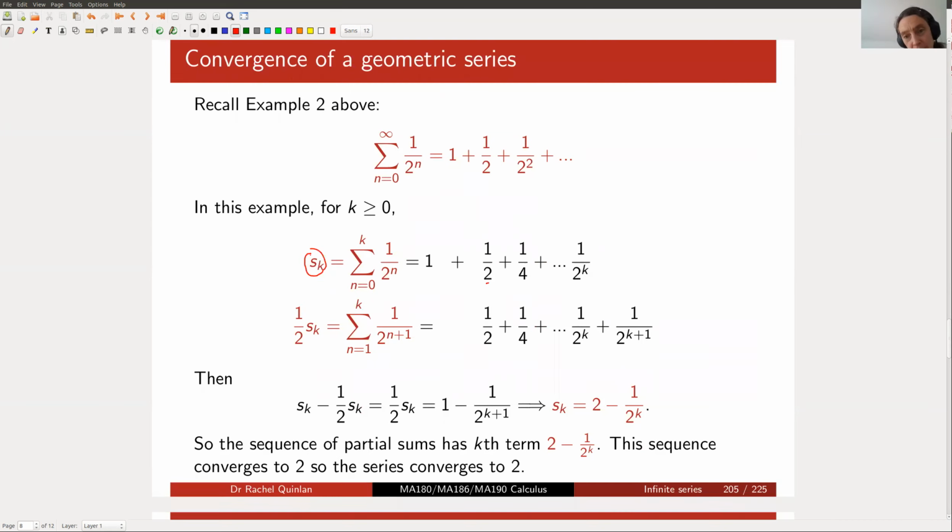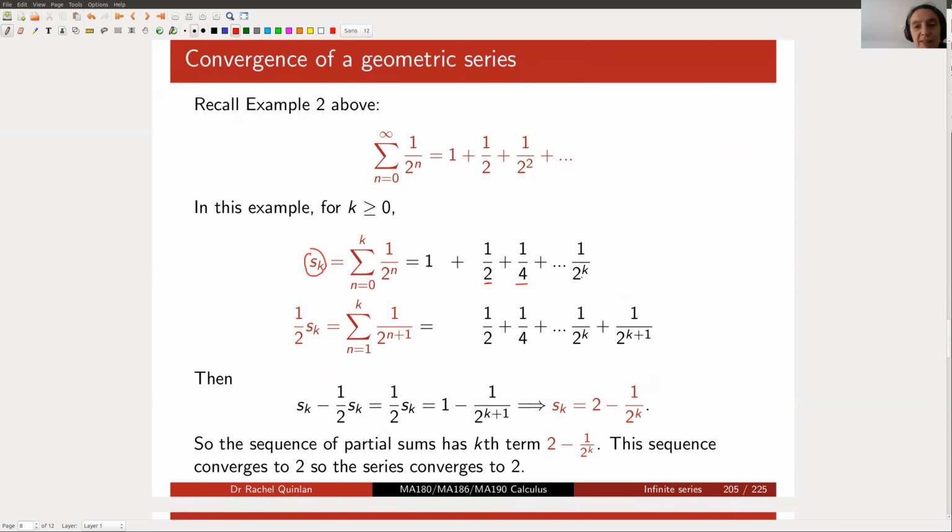Each part of this finite sum is obtained from the previous one by multiplying by a half. In such cases, rather than adding the k plus 1 things together, we can give ourselves a shortcut.